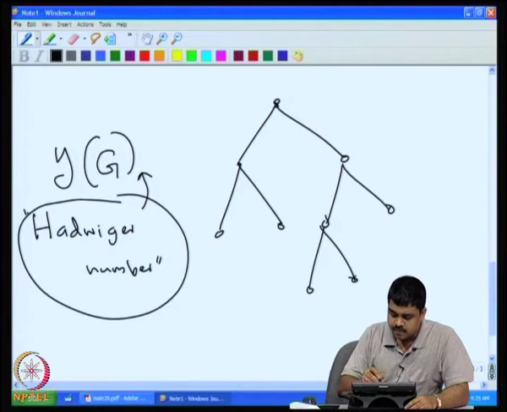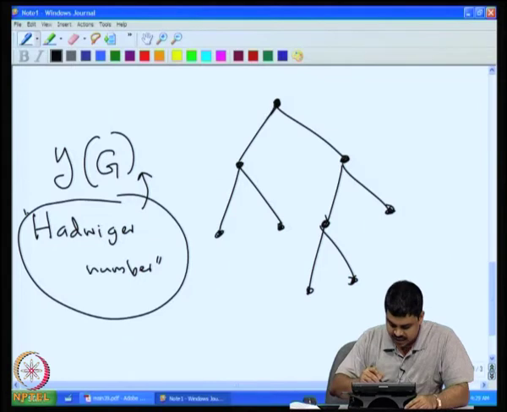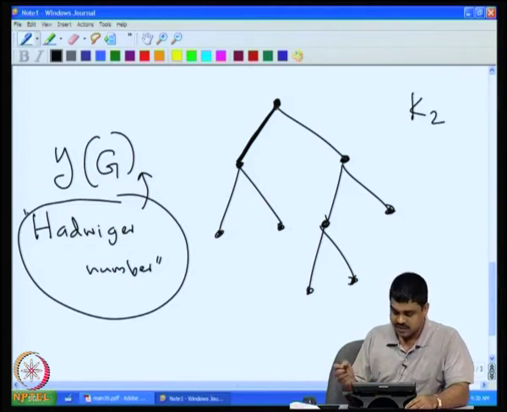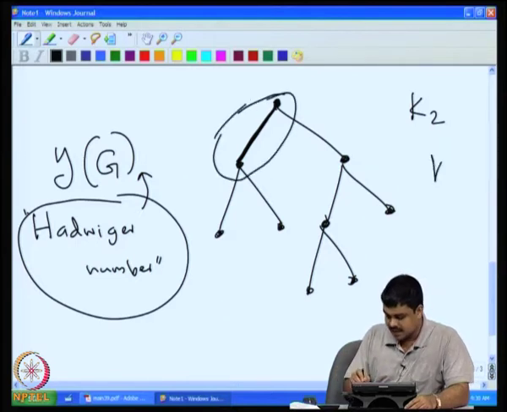So, let us see, given any tree, what will be the Hadwiger number of such a tree? You will immediately see that you can get K2 as a minor because there are some edges, and we don't even have to contract, we just have to delete other edges and vertices. But then can we get a K3?